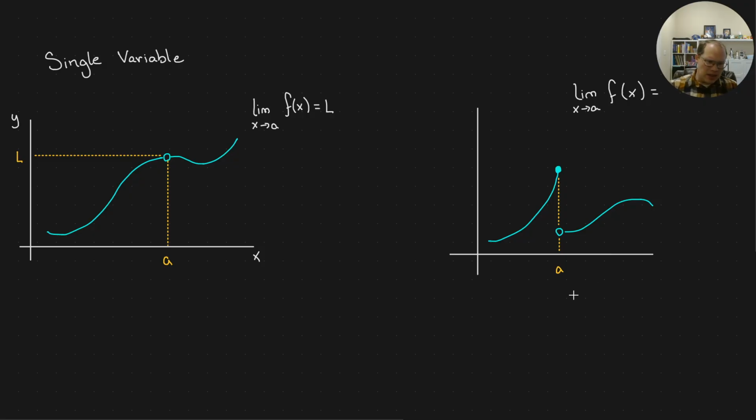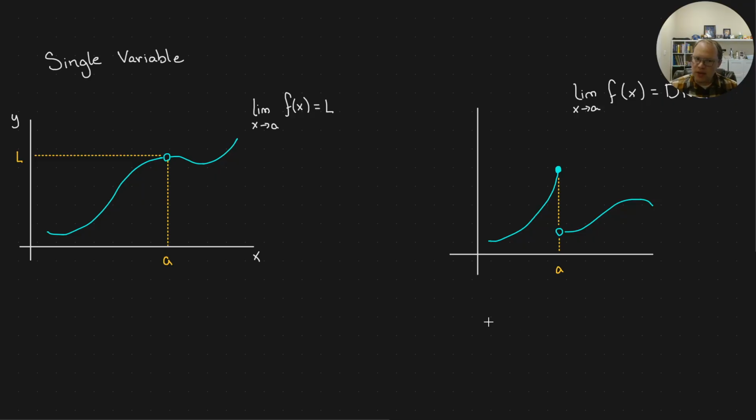Okay, well, in this case, the limit does not exist, right? It's not a simple issue of just plugging a hole and then it's continuous. Even if I were to draw a point here, the function's not continuous, right? Because as I approach from the left side, I'm approaching one value, okay? But as I approach from the other side, I'm approaching some other value.